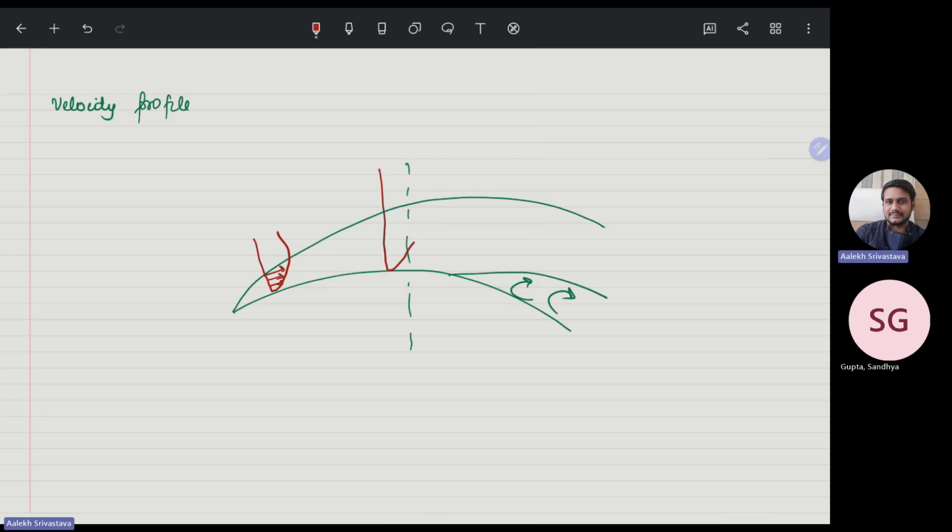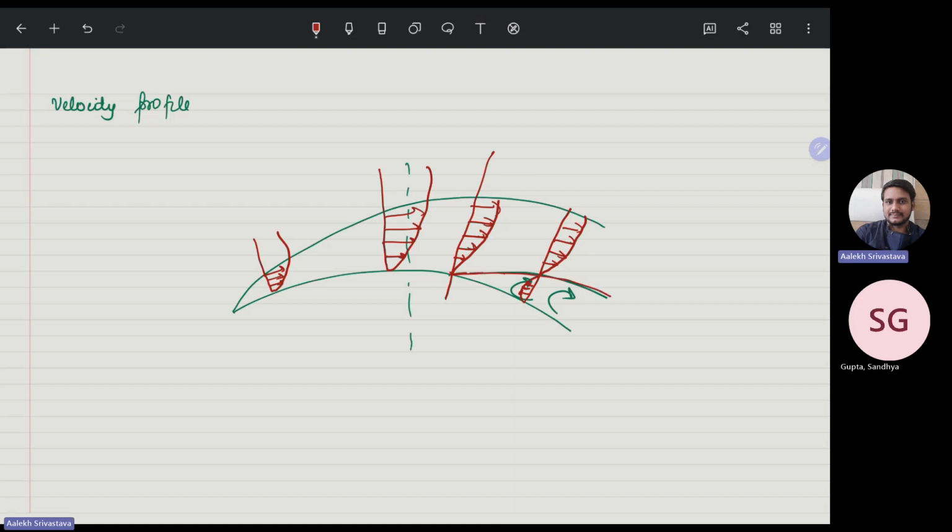Here also it is attached, going like this. But here the flow separation takes place. At this point you have something like this, because here you have what is called a stagnation point, and after that you have this flow reversal, and the flow is reversed in this direction and then again meets the mean stream velocity. So this is what is called flow separation.